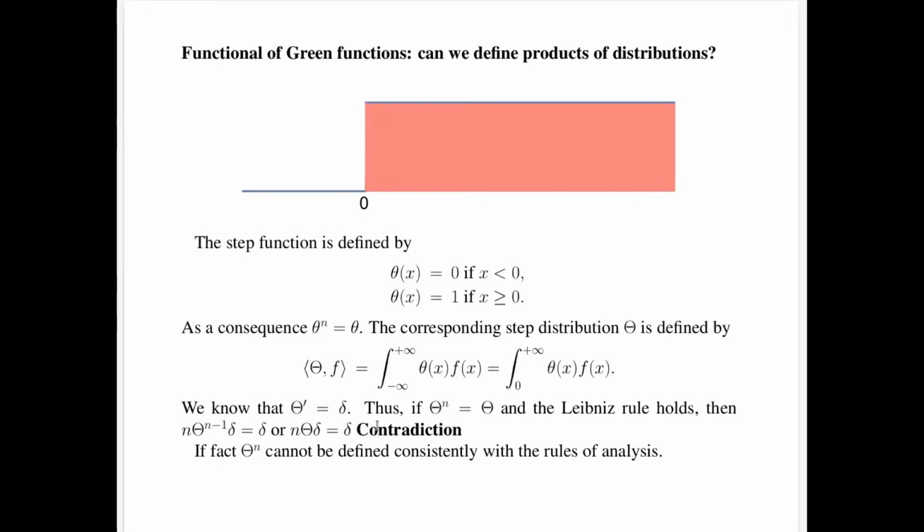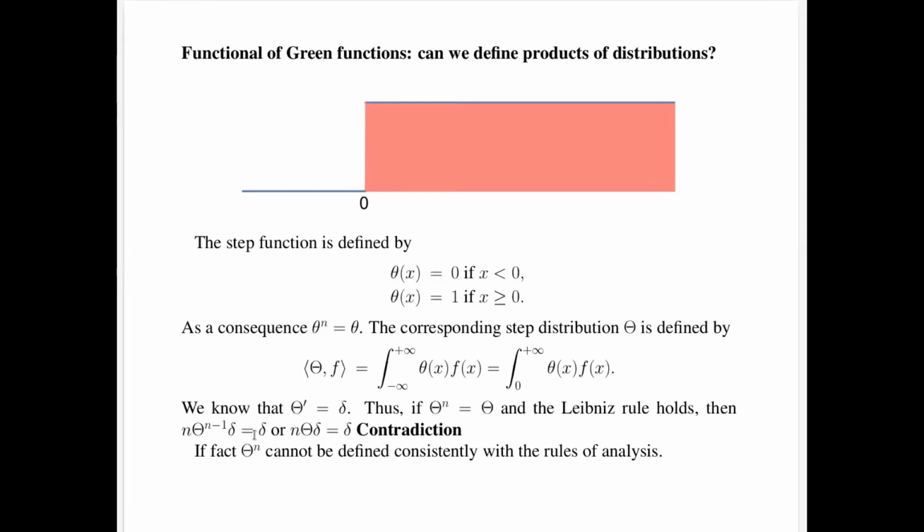So assume that you can multiply step distributions and you have the same equation as for a function. And assume that the Leibniz rule holds, then you can take the derivative of this equation and you get that n times theta to the power of n minus 1 delta is equal to delta.